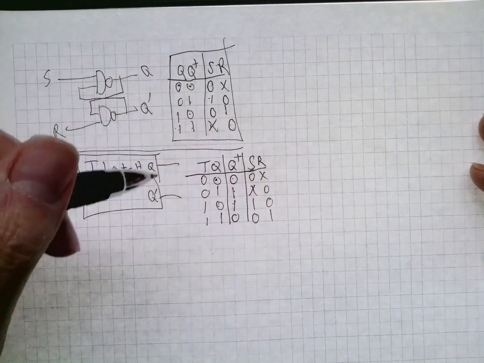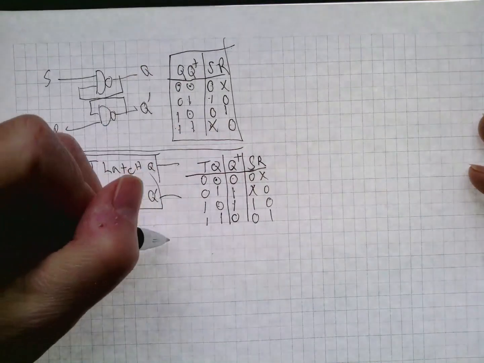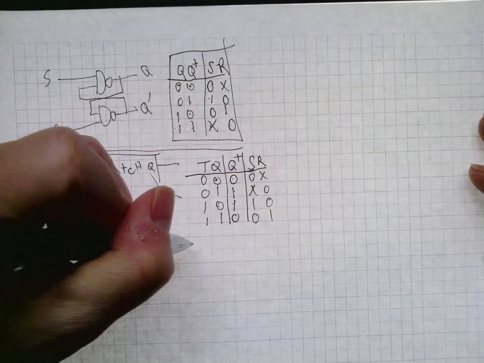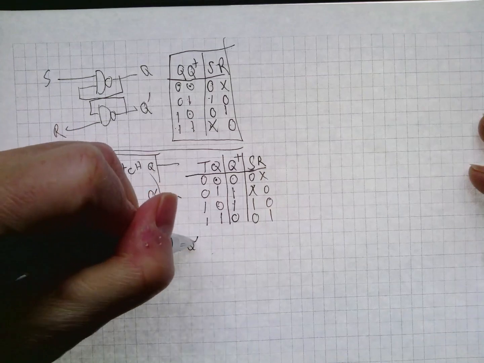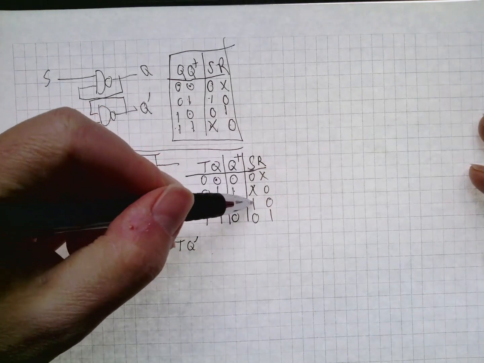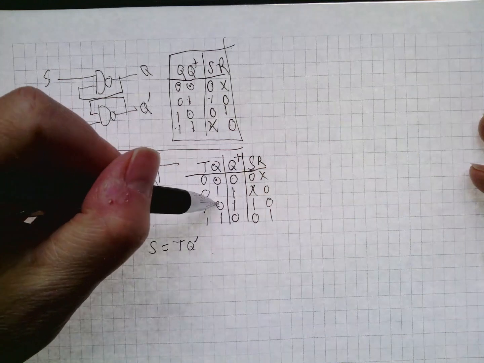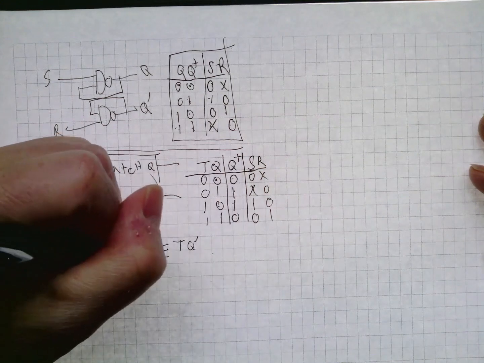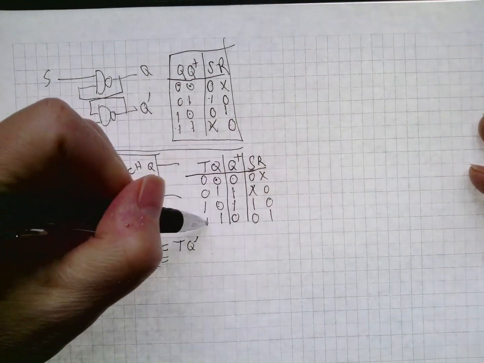And what that tells us is simple. It says that S must be equal to TQ prime, and here's S, and there's T and Q prime, and R must be equal to TQ.